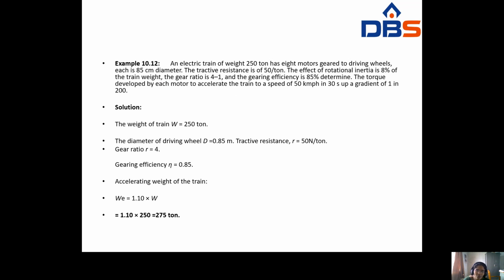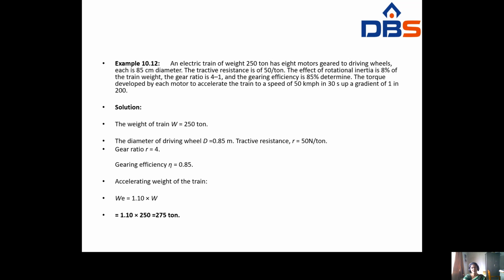First, note down the given data. The weight of the train W equals 250 tons, and the diameter of the driving wheel D equals 0.85 meters.